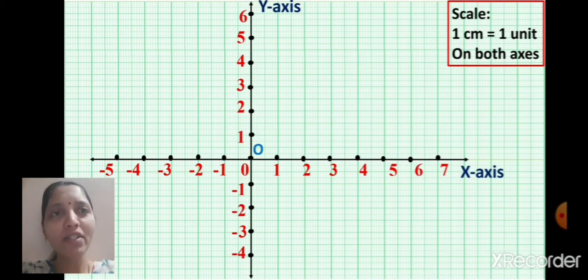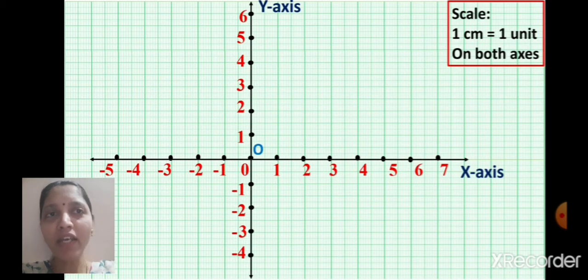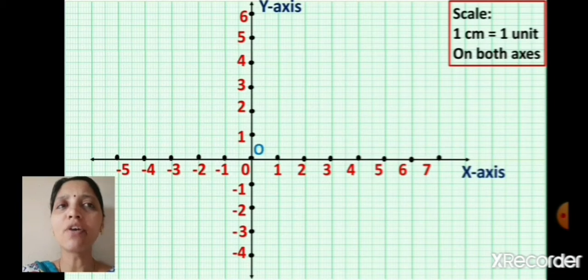Okay. Now what is the first point given here? L minus 2 and 4. So see the x coordinate is negative and y coordinate is positive. So in which quadrant will this point lie? Yes, in the second quadrant. Where is the second quadrant here? This. Okay.